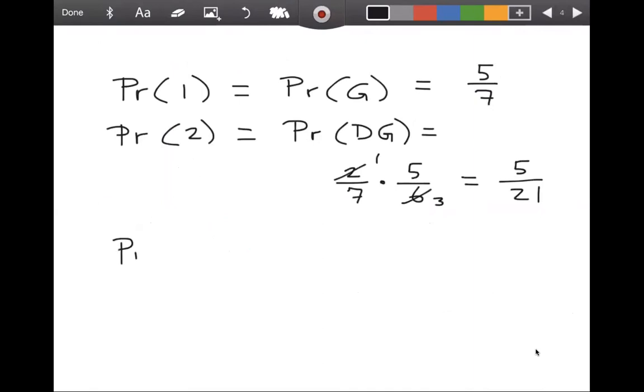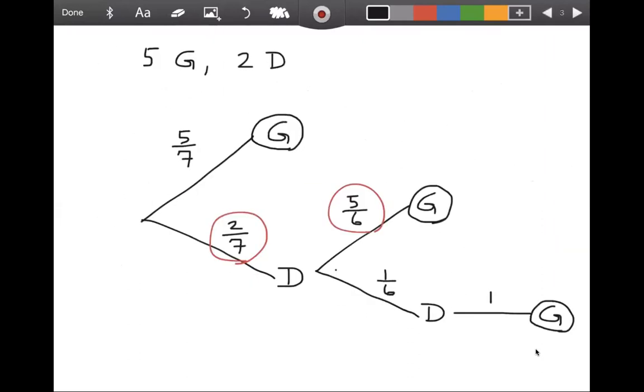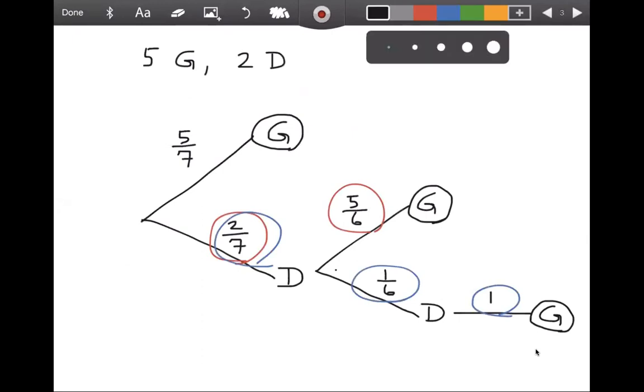And finally, the probability of picking 3 bulbs, that means first one was defective, second one was defective, third one was good. And that probability is 2/7 times 1/6. And you can throw in that 1 or leave it out, it doesn't matter.